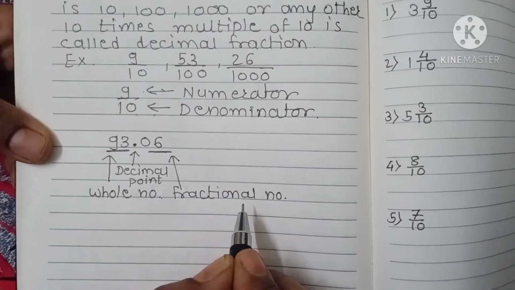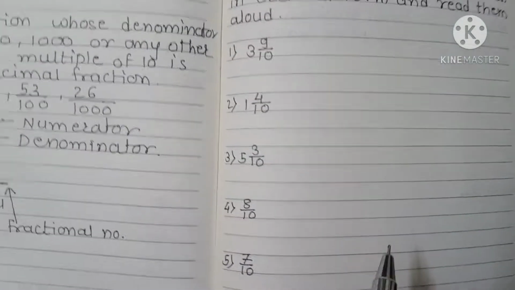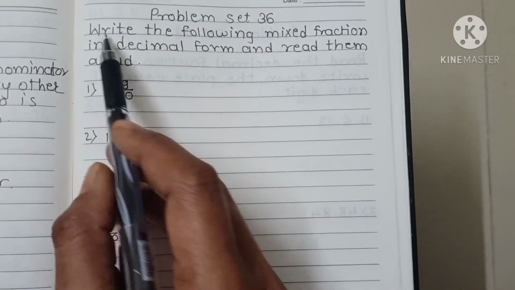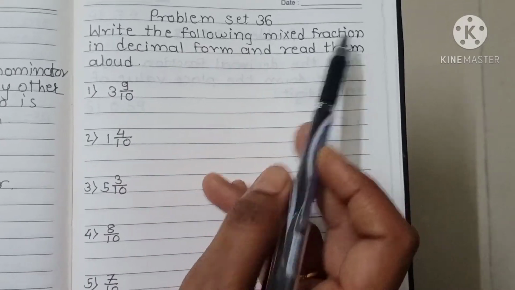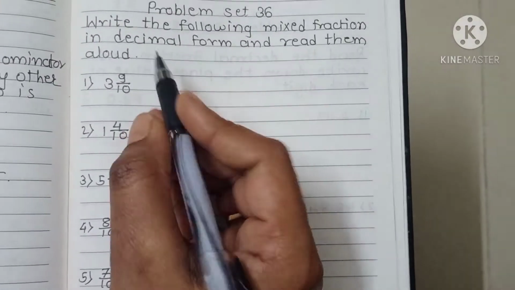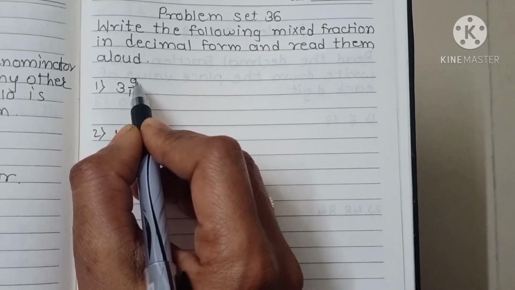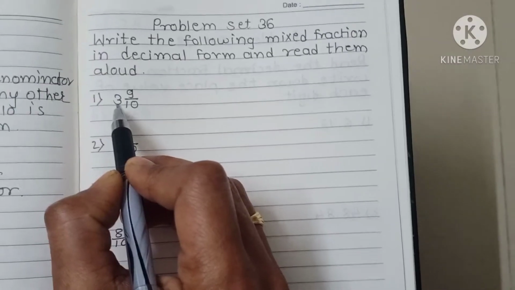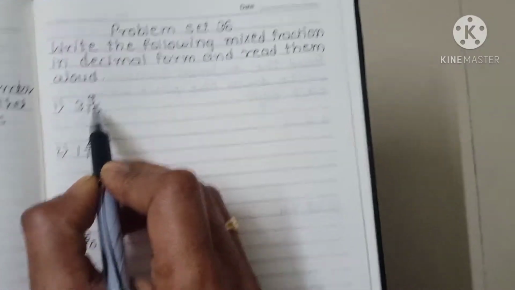Now let's solve problem set 36. The question is, write the following mixed fractions in decimal form and read them aloud. Now here 3, 9 upon 10 is a mixed fraction, in the sense that here this is the whole number and this is the fractional part.